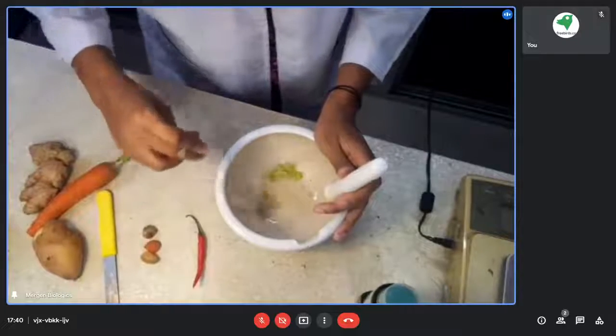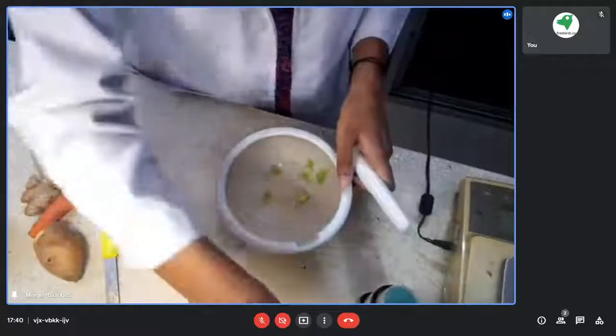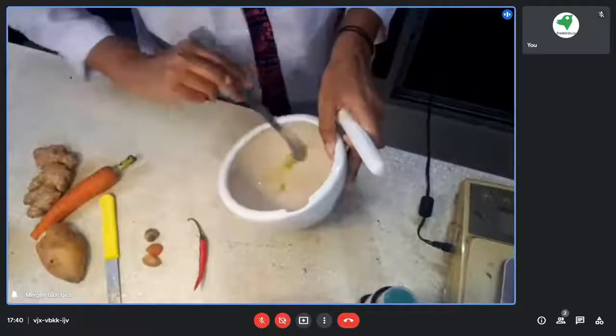I am almost done with my first vegetable and I will directly transfer this into a beaker.